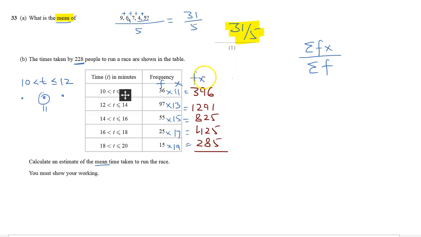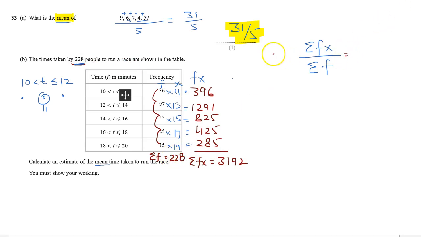So fx is this, and sigma fx means the sum of all. That is 3192. This is f, and sigma f is you add 39, 97, 55, 25. In most cases it is given here as the total number of people, that is 228.